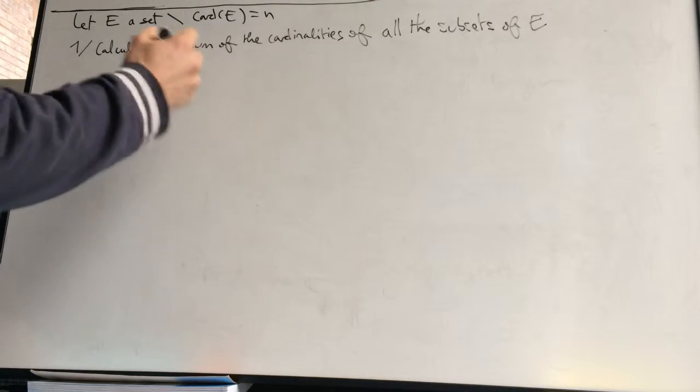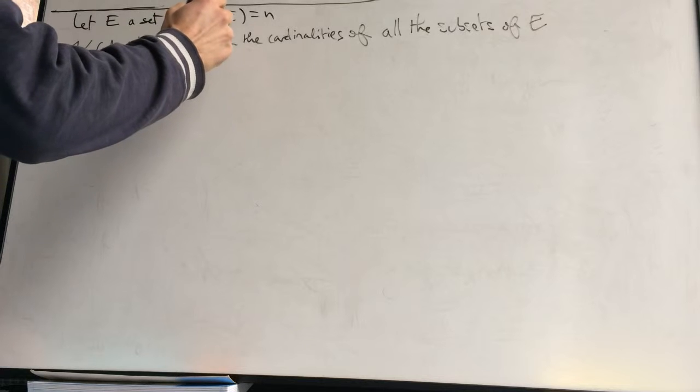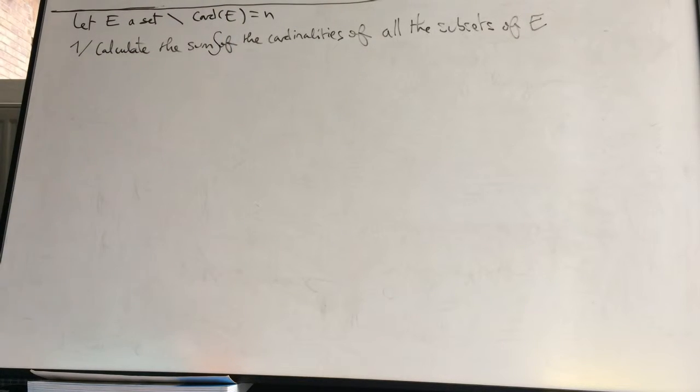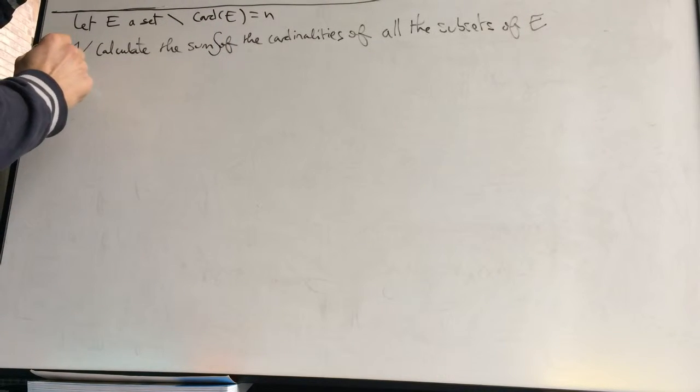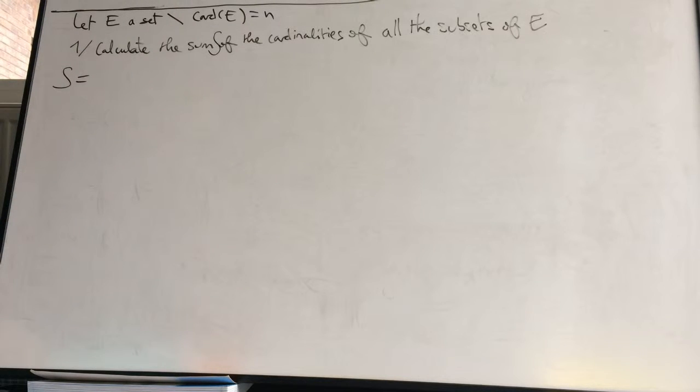I'm going to call S this sum, and S is equal to... the cardinality of a subset can be 0 or 1 or 2 and so on until n.